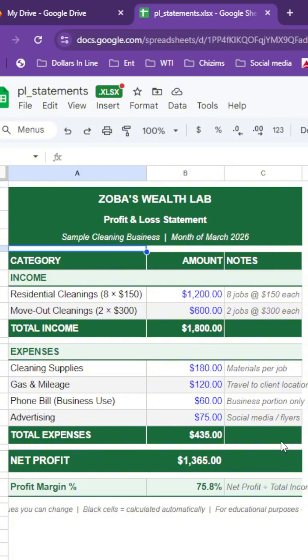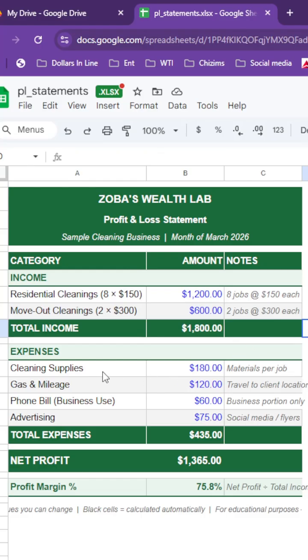Our sample cleaning business makes money from residential cleanings and move-out cleanings. Had 8 residential cleanings and 2 move-out cleanings. This tells you what each cleaning costs, but this tells you the total income for the given month. This is how much the business made for the month of March 2026.